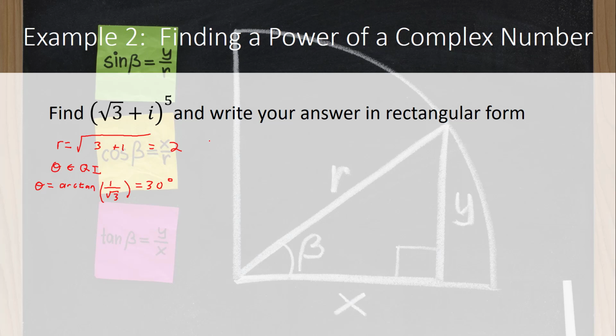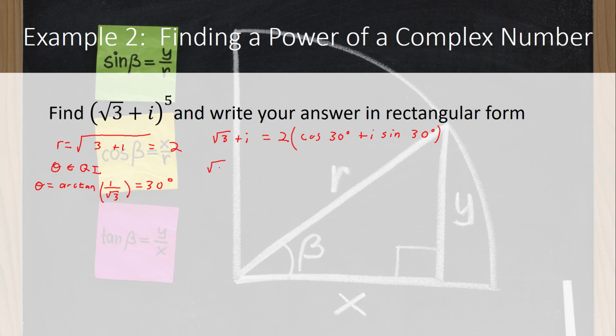Okay, so that means that root 3 plus i can be rewritten in polar form as 2 times cosine 30 degrees plus i sine 30 degrees.